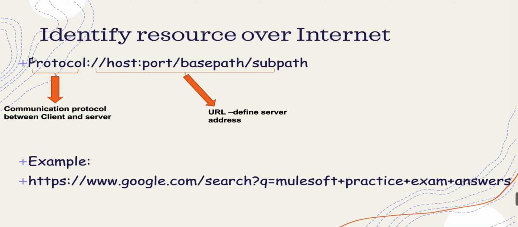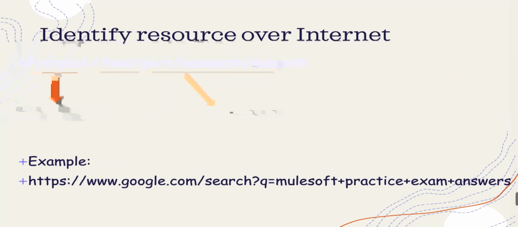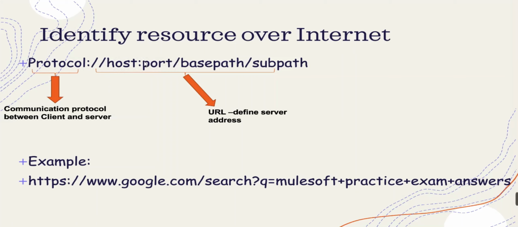It contains an HTTP protocol, and after that the host and port. That host and port are combined in an organization, and given as a domain name, like google.com. There is only one domain name for one thing. You cannot duplicate google.com. We use that here, and after that you will get a base path and a sub path.